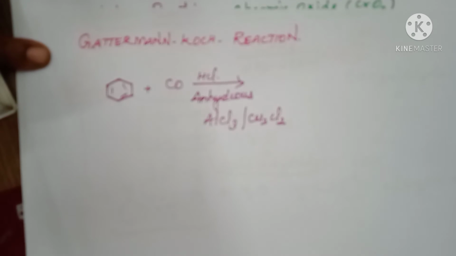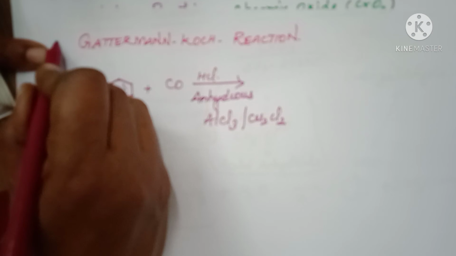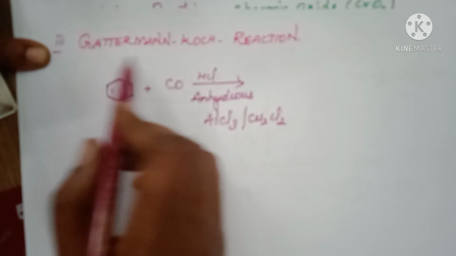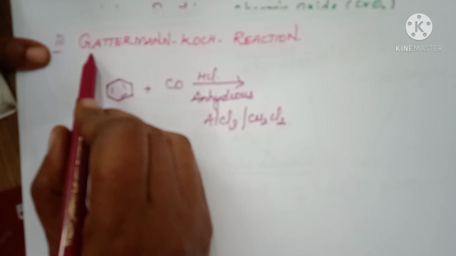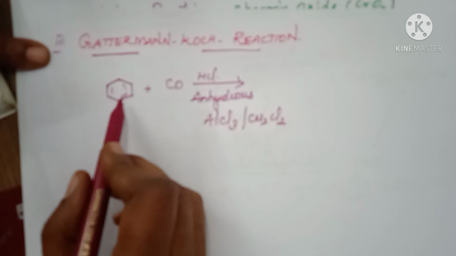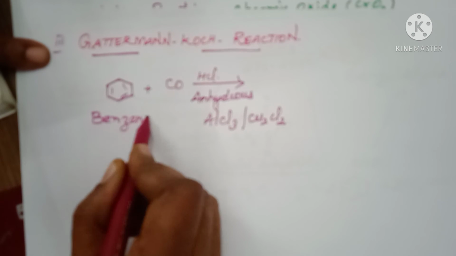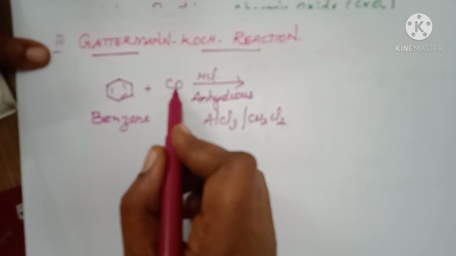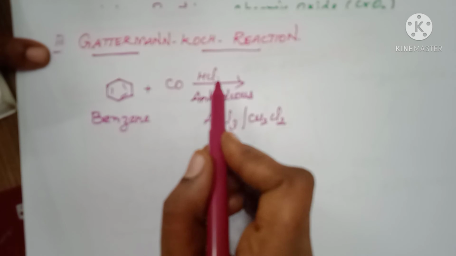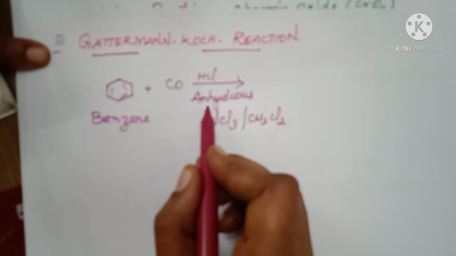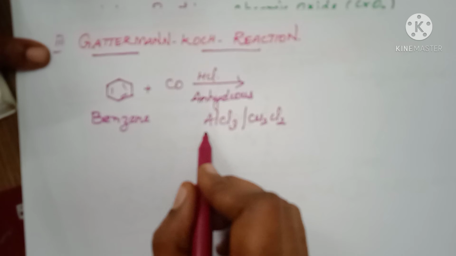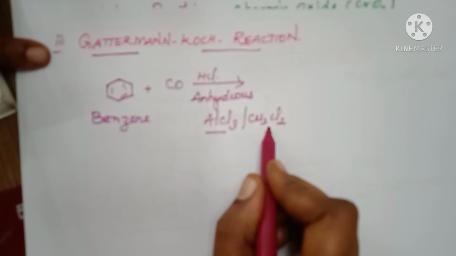Now this third method is the Gattermann-Koch reaction. This is also a very, very important naming reaction. In this, a benzene compound reacts with carbon monoxide and HCl in the presence of anhydrous aluminum chloride or copper chloride.